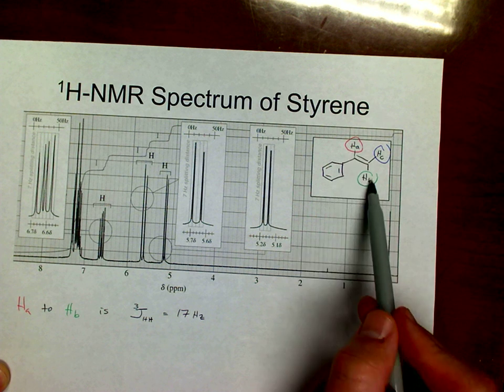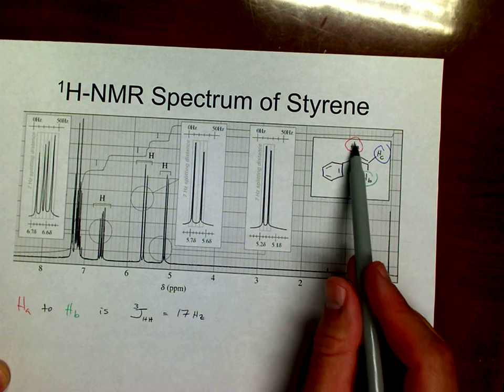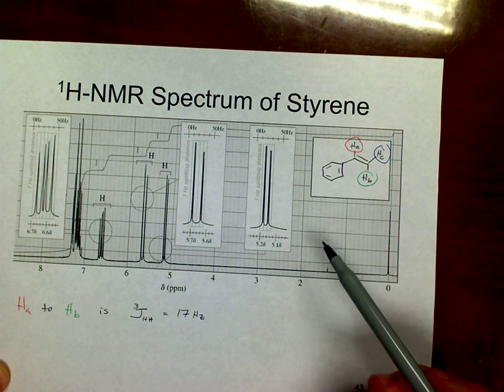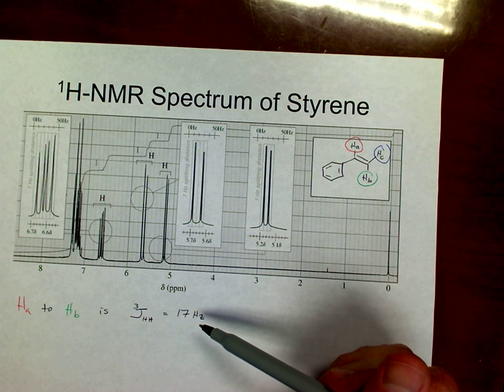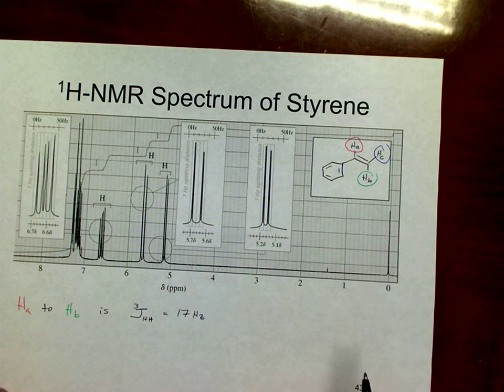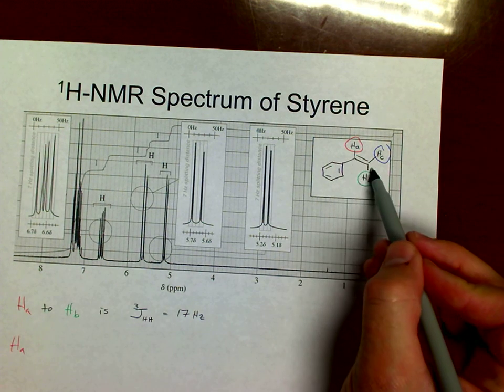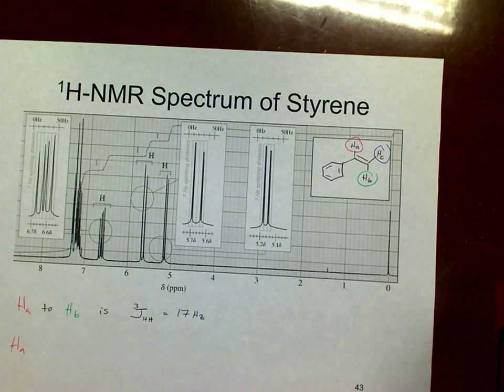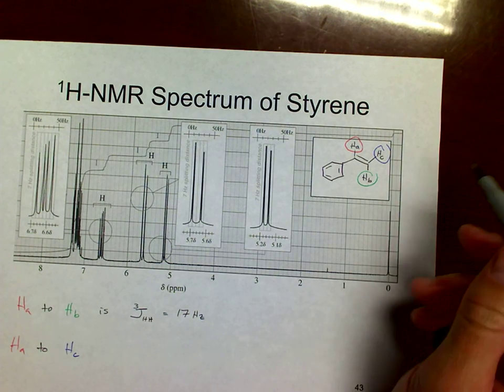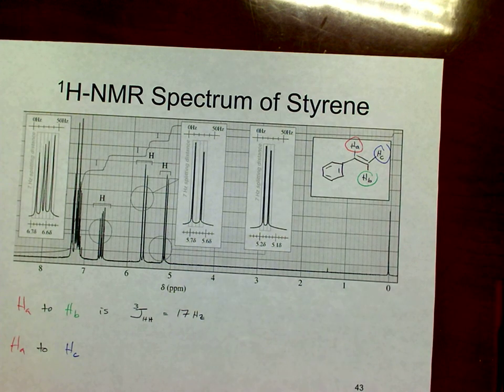And that makes sense. This trans vinylic coupling is a very strong coupling, 17 hertz. Okay. So HA sees HB, and HA also sees HC. HB and HC are diastereotopic protons.